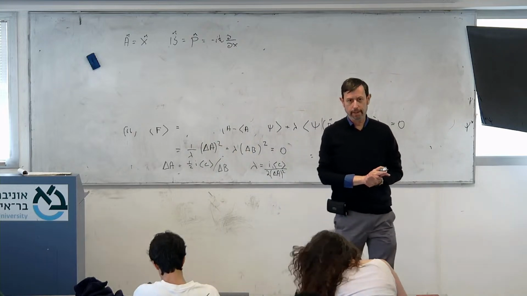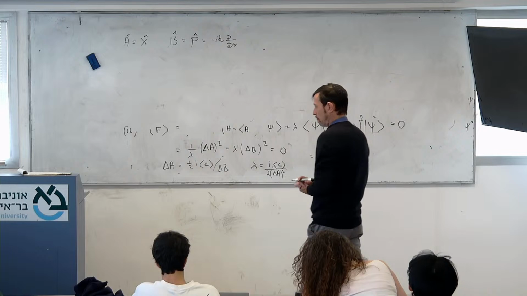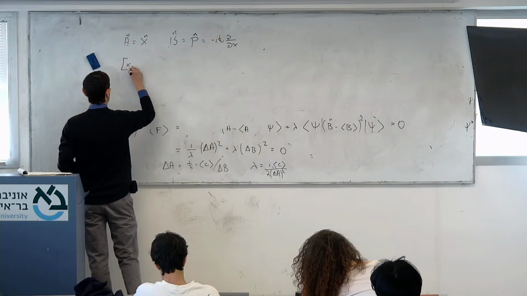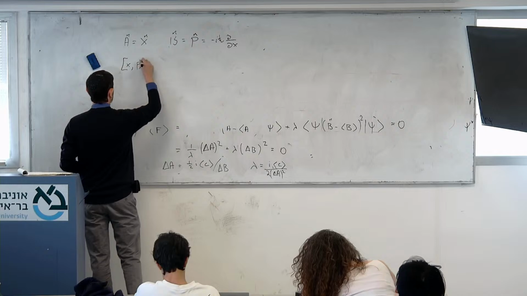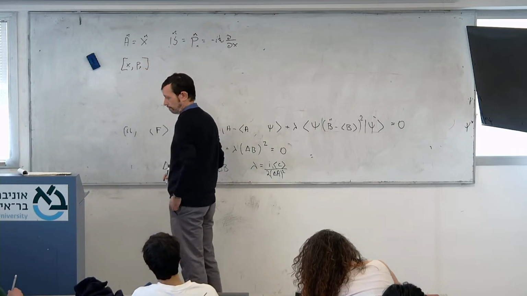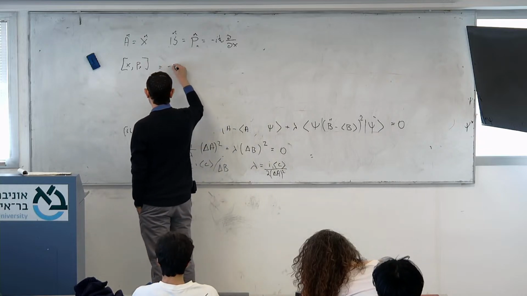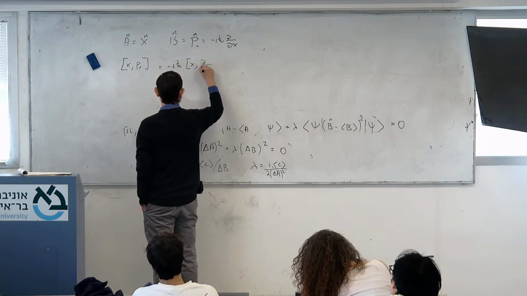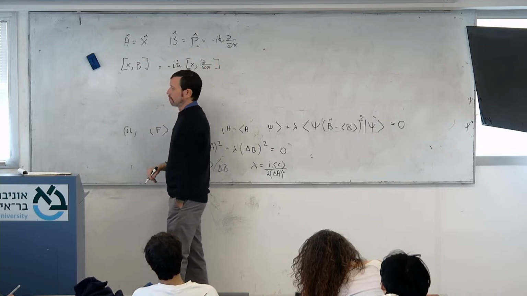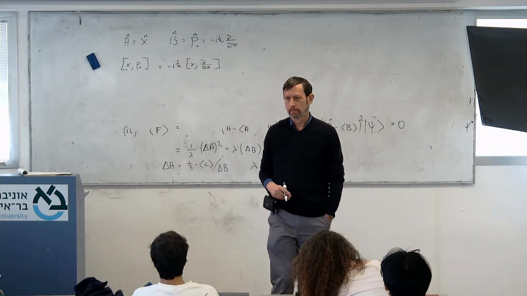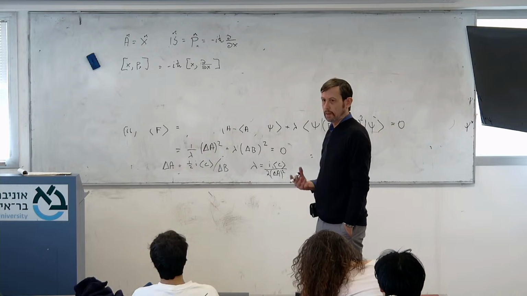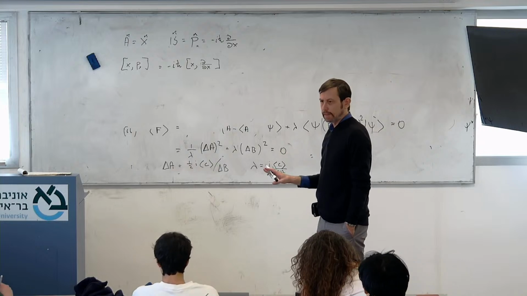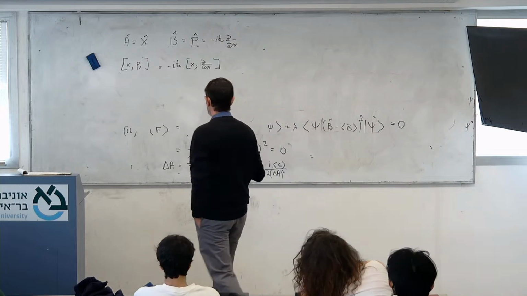Okay, so we're working with x and p. Some of you may remember that we did it already. Let's see the result for any psi. So what's this commutation?